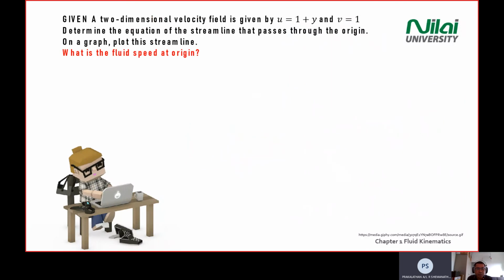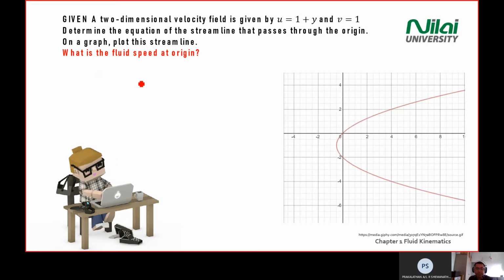Now again, he asks you what is the flow speed at origin. What is the flow speed at origin here? So how to find your flow speed? Again, call out the velocity vector if you want.